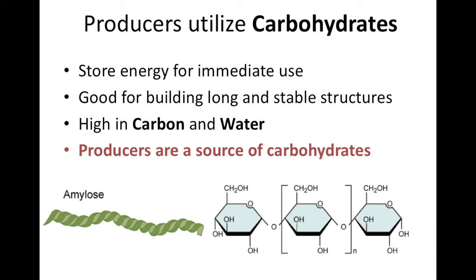And they're really good at storing energy for immediate use. That's typically why people's blood sugar will go up if they have a lot of glucose, because that's a carbohydrate. Producers are the main source of carbohydrates for many organisms. But the main thing that they are converting biotic and abiotic resources into are carbohydrates.